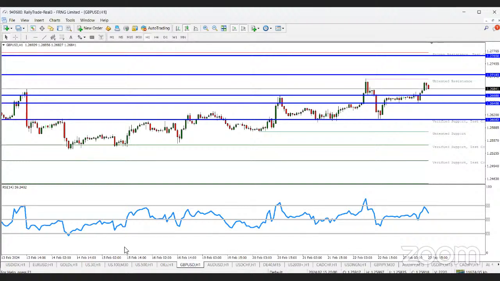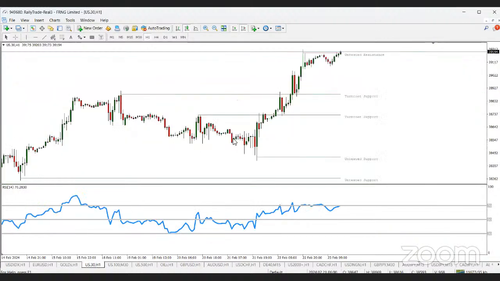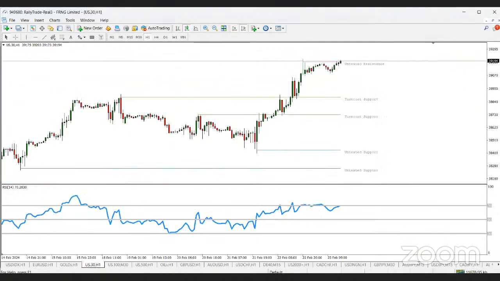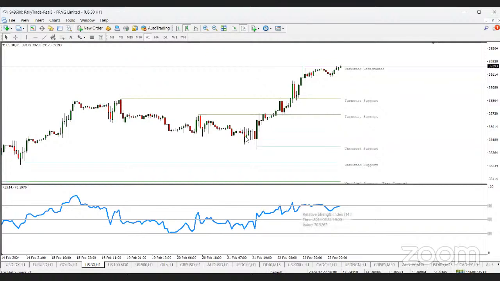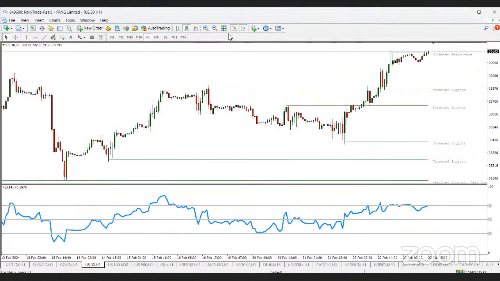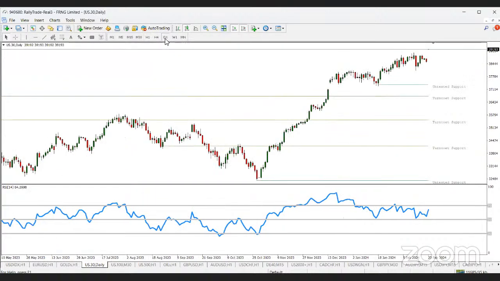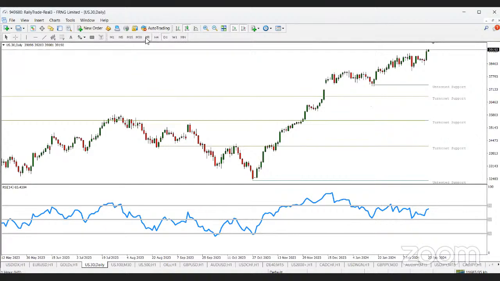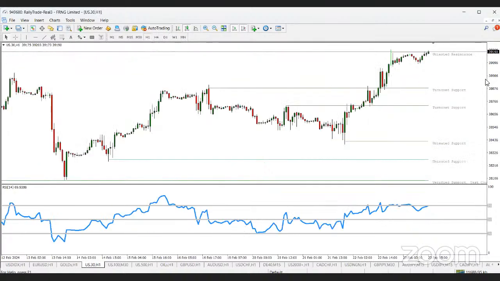Let's look at the index market. US 30 is at the point where it currently seems overbought. The index market once again has shown us that it's on an uptrend. It's safer to buy indices than to sell, right?